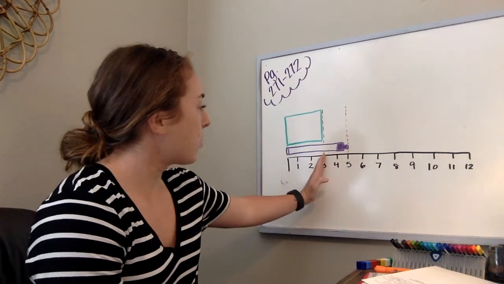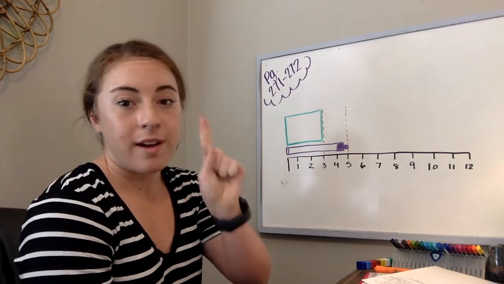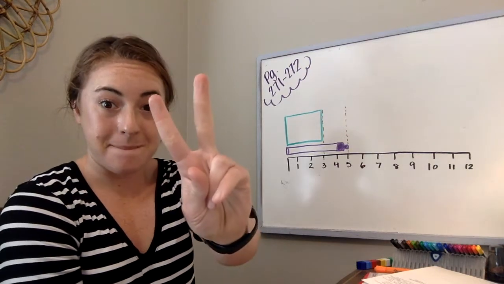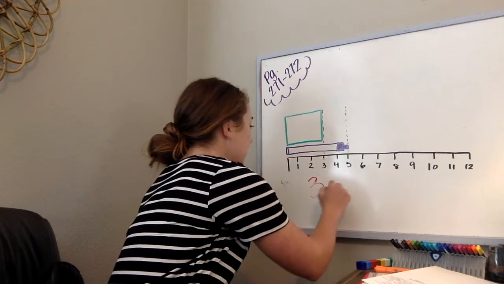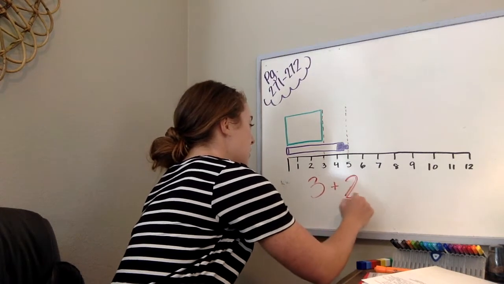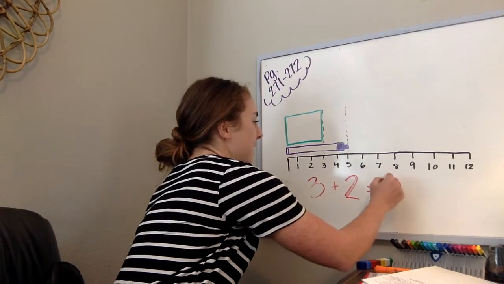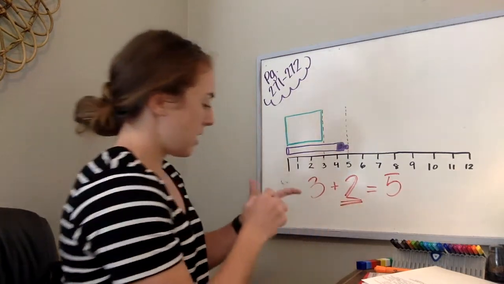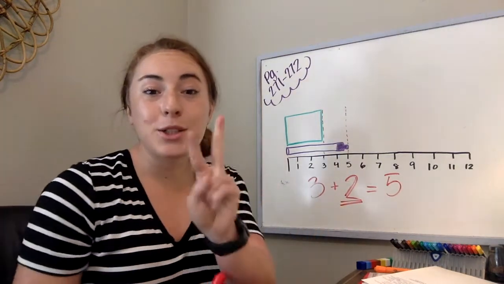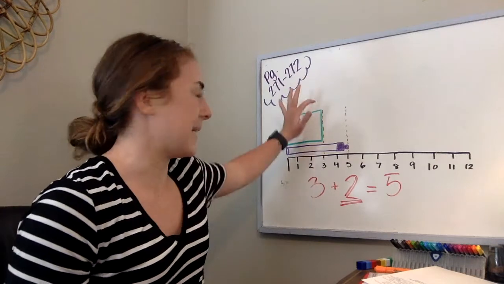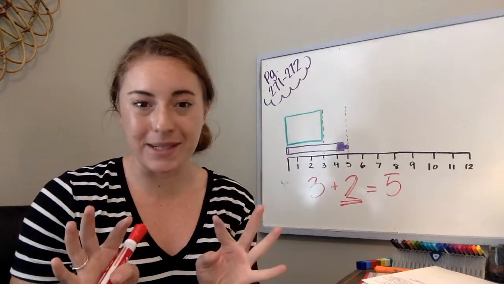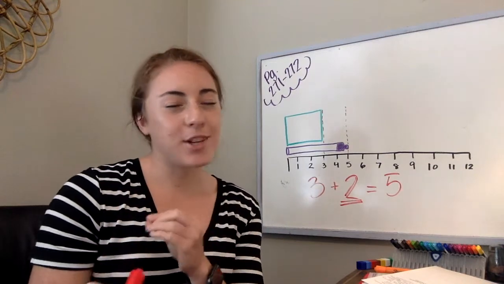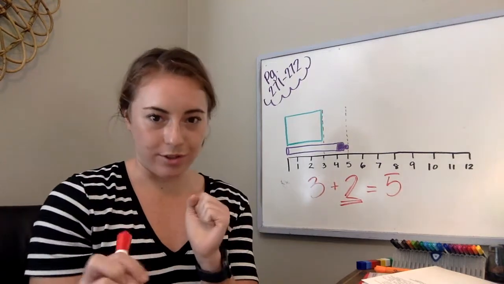Well, if we go from 3 to 4, 5, 2 inches longer, because 3 plus 2 equals 5. My whiteboard marker is 2 inches longer than my sticky notes. So today in our homework, we're going to be practicing measurements and then seeing which object is longer and shorter.